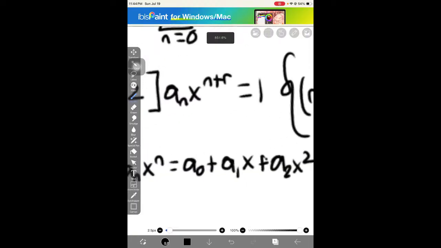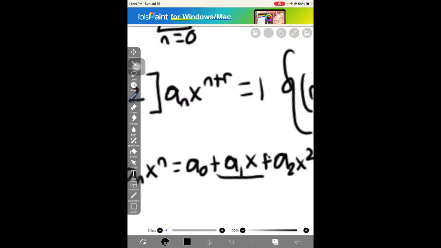Look at that. Technically speaking, 1 is a coefficient for this second term. Technically speaking.